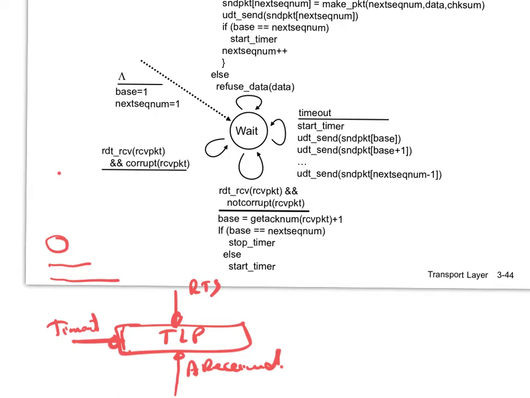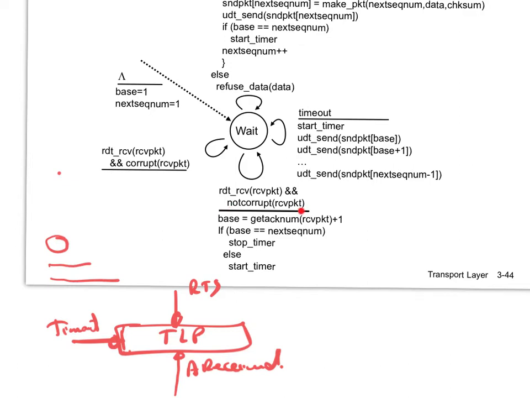For stop and wait, it's not a big overhead to retransmit because it's only one packet. But here, I abstain from retransmitting the entire window every time I have a corrupted acknowledgement. We see the difference?